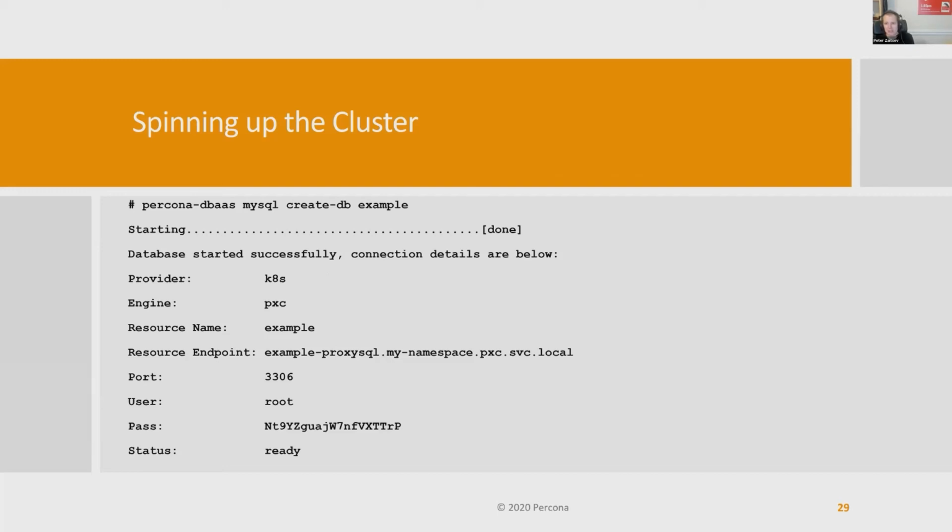In this case, we're just saying we want to create the MySQL database and call it example. It will do whatever is needed, and you will get a database cluster deployed on your Kubernetes and the credentials printed out, so you can use it.